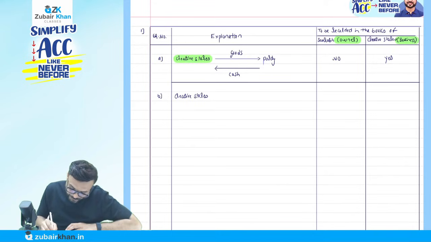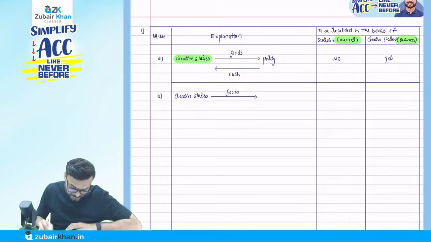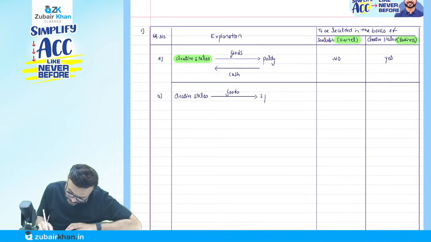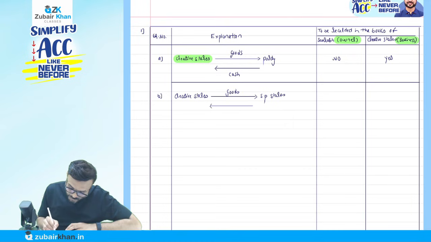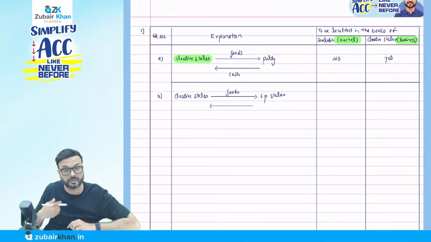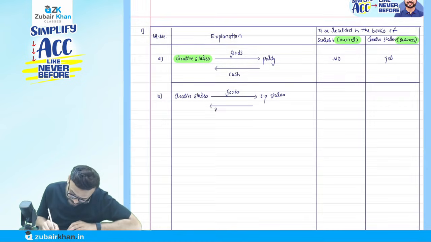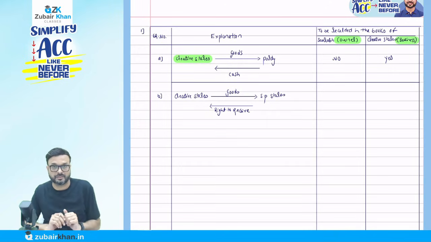Creative stores are selling something. So we sold goods. The name of the other party is given, that is SP stores. But whether we have received the amount from him, no. On credit means we have not yet received it, we have the right to receive. So we say right to receive. In accounting, we also call it receivable.